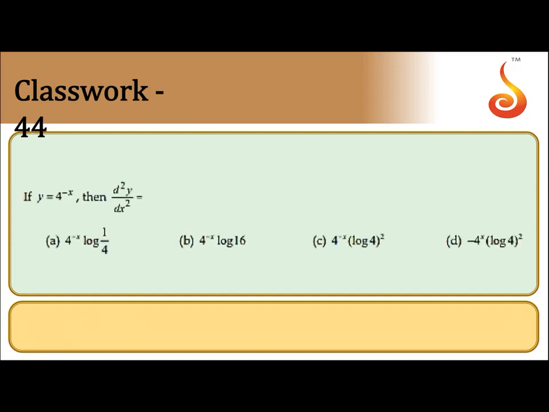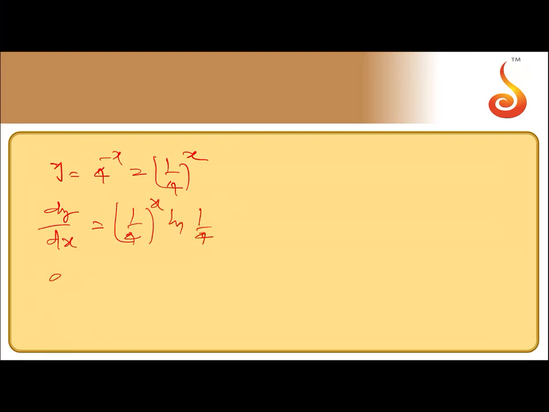Coming to next one. Second order derivative. Y is equal to 4 power minus x. We can write 1 by 4 to the power of x. So dy by dx can be written as 1 by 4 to the power of x into logarithm of 1 by 4.